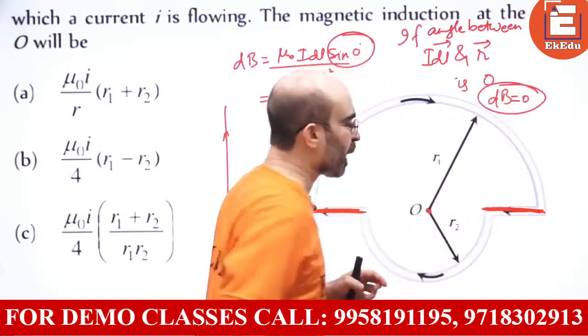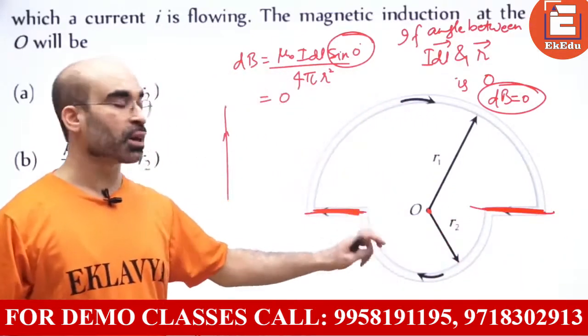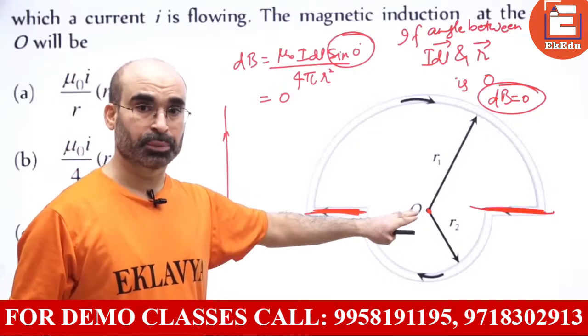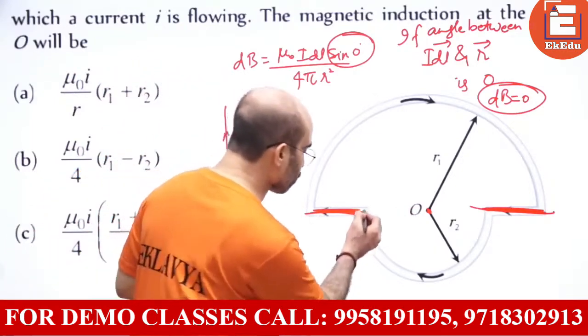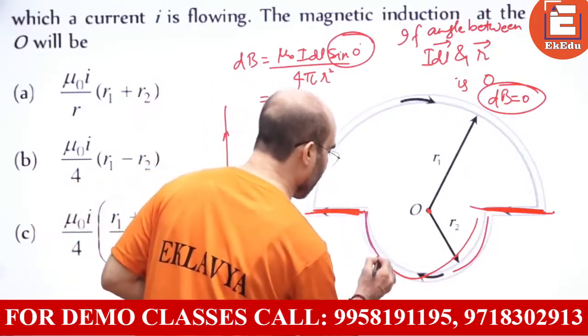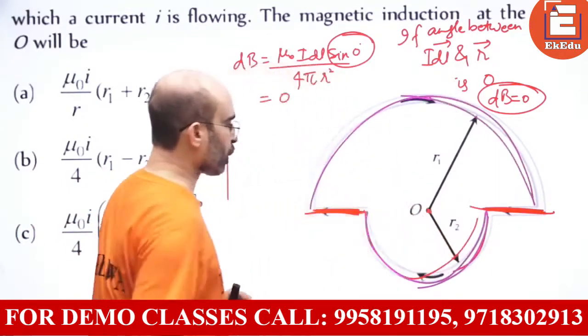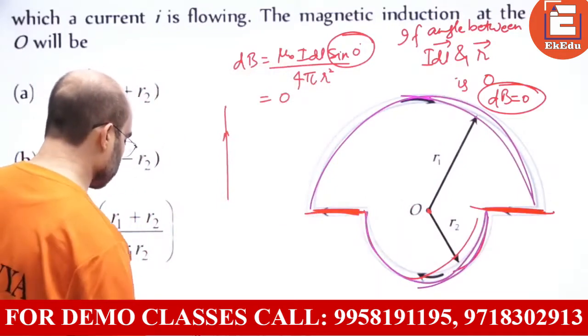This we need to keep in mind. So these two segments will have no magnetic field at this point. Only these two semicircular arcs will give us the magnetic field.